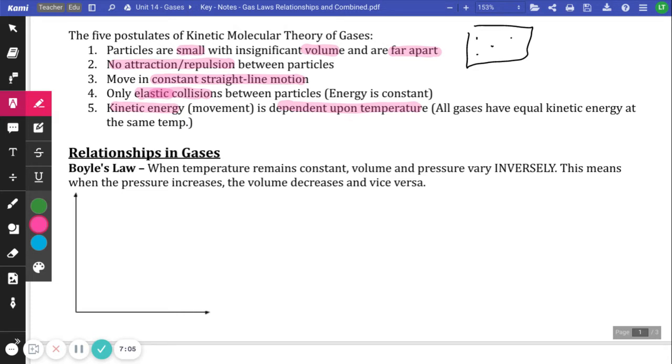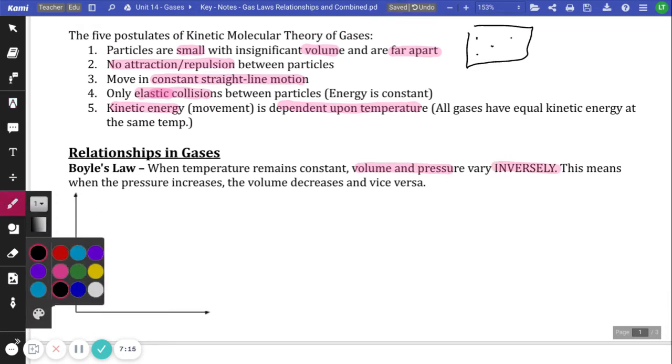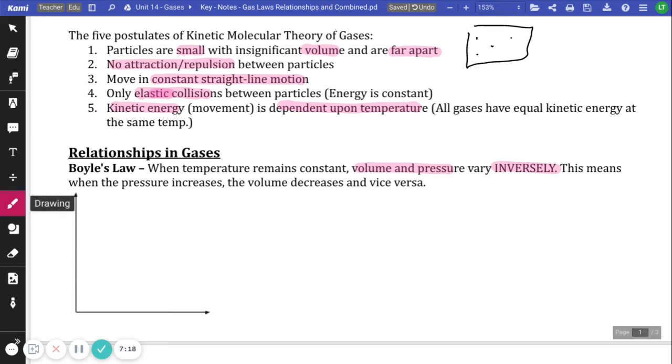Boyle's law tells me that when temperature remains constant, volume and pressure vary inversely. What that means is that as my volume increases, my pressure is going to decrease, or vice versa.